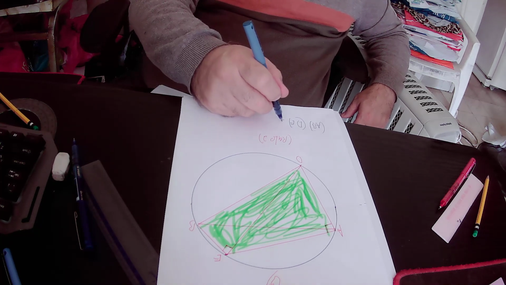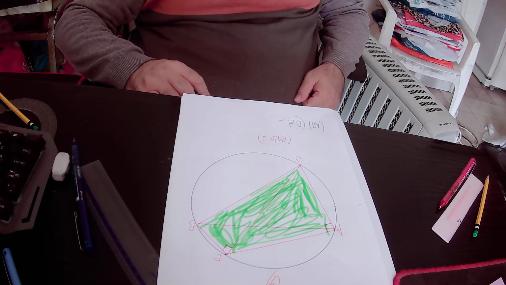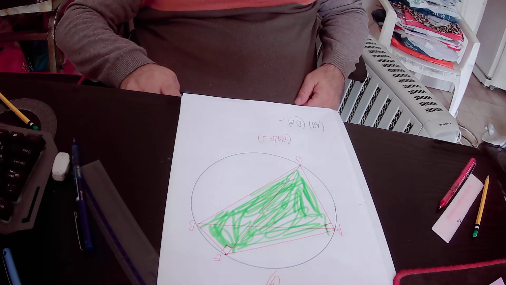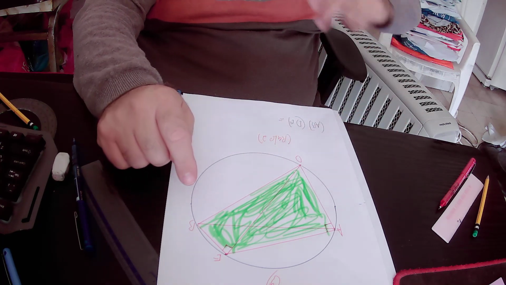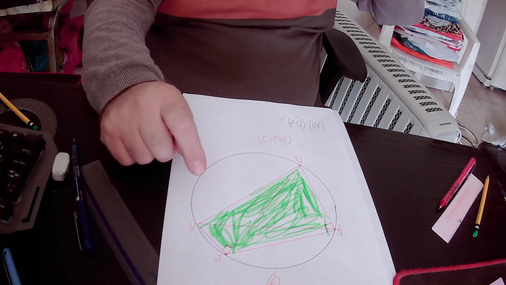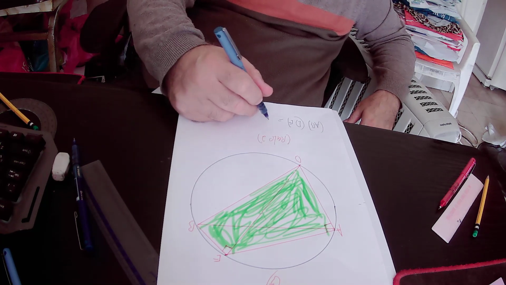The product of its diagonals equals the sum of the products of its opposite sides. Again, side AE is opposite to side DB, and therefore the product of those two opposite sides is actually AE times DB.